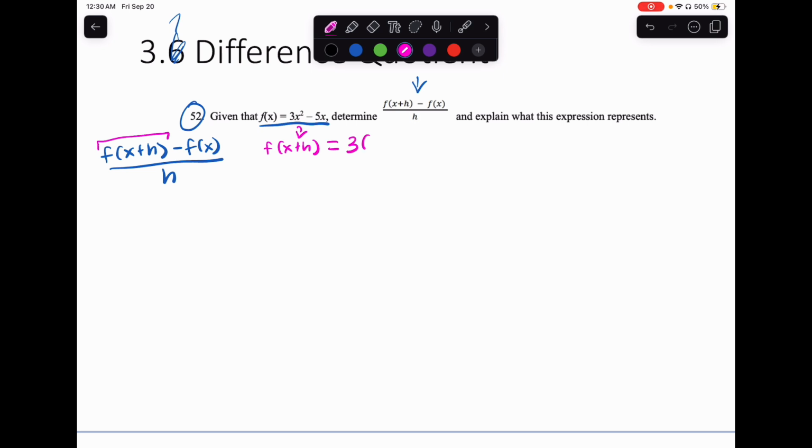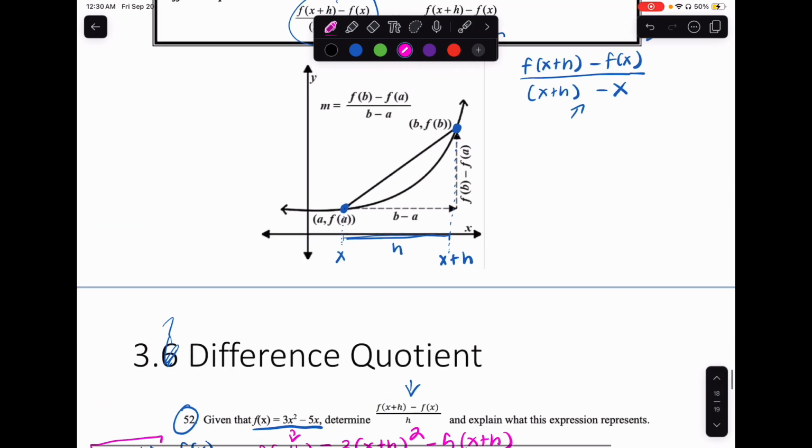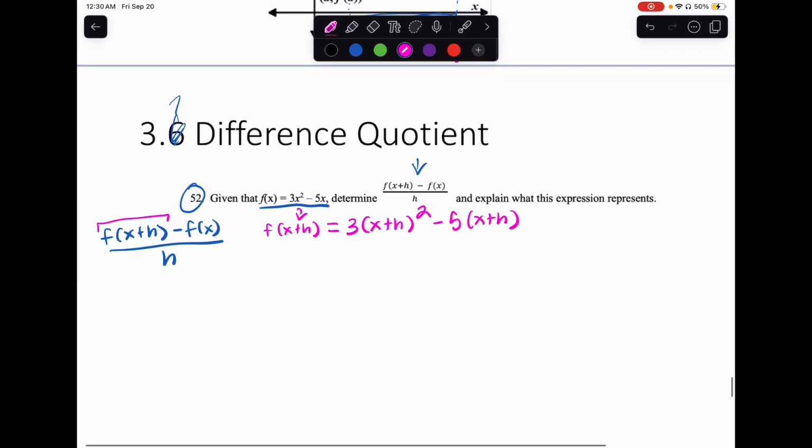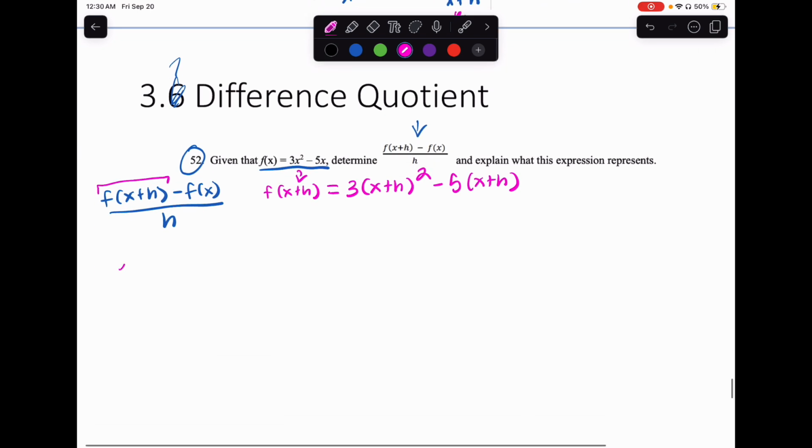So we would say 3 times (x plus h) squared minus 5 times (x plus h), right? So now our input is x plus h, which is what we would normally do. Like if this value was 6, we would plug in f of 6, right? And then we would plug that all in. But instead of a number, we're given x plus h, which is why we're saying this is f of x plus h.